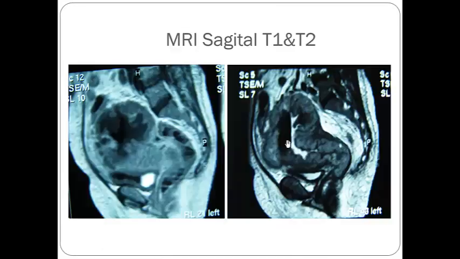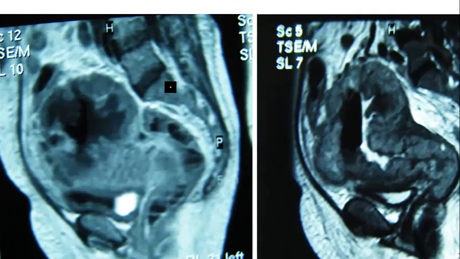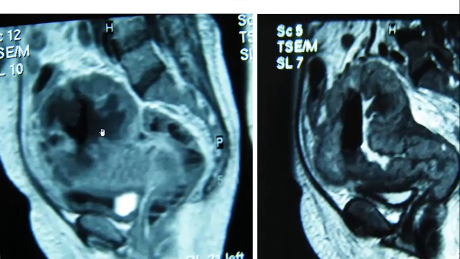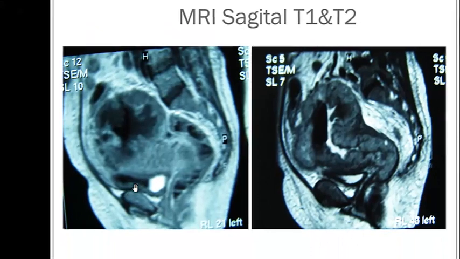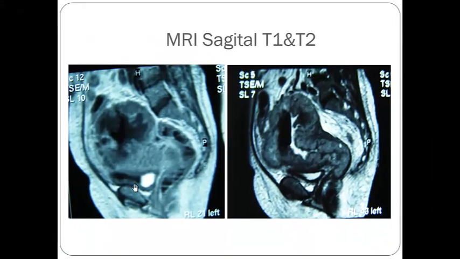So this is pyometra, but here there is an enhancing solid mass present in the lower uterine segment. So again, contrast is very important, especially as this case was a virgin. When you find a virgin with infection, where is it coming from? Most likely it is secondary to a tumor present.